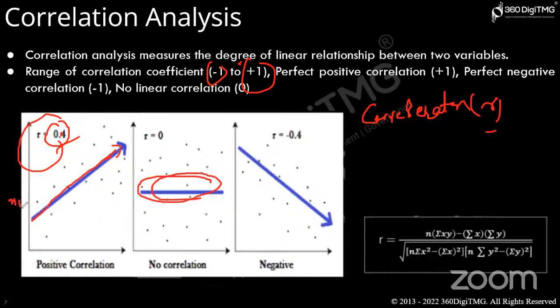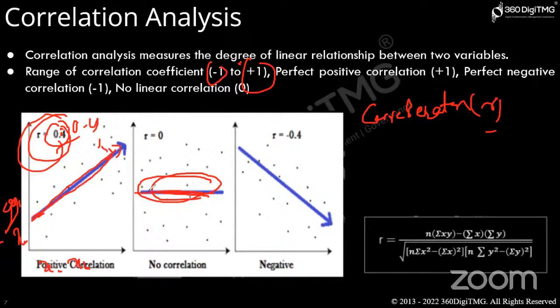On the y-axis we have taken something, on the x-axis some feature. For simple linear regression it is x and y, and for any other variable you can take x. Here you have a 0.4 correlation in a positive way.